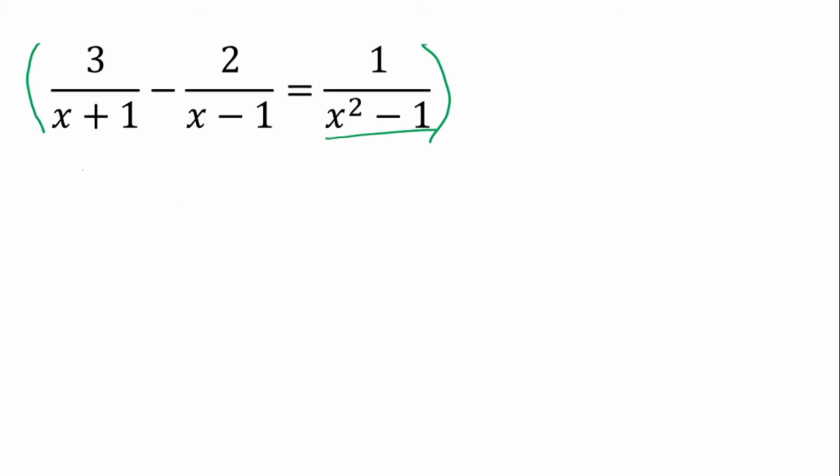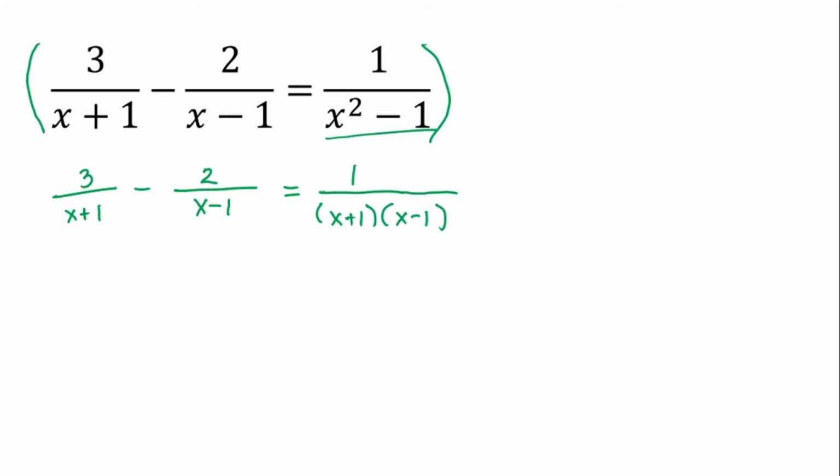So, the equation will become 3 over x plus 1 minus 2 over x minus 1 equals 1. So, what is the factor of x squared minus 1? So, this is the difference of two squares. Okay? So, kung naalala ninyo on how to factor polynomials, the factor of x squared minus 1 is x plus 1 and x minus 1.